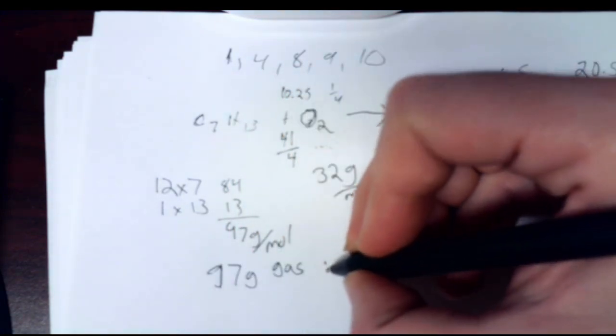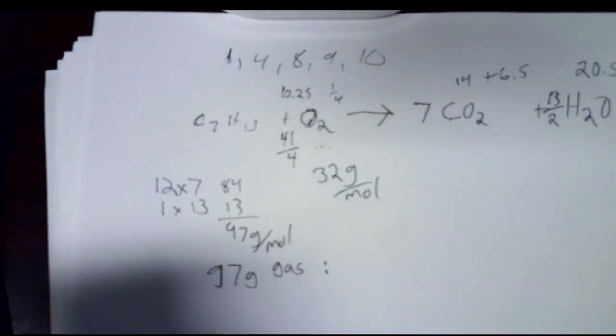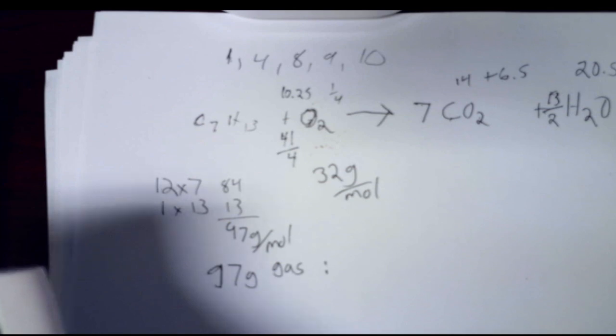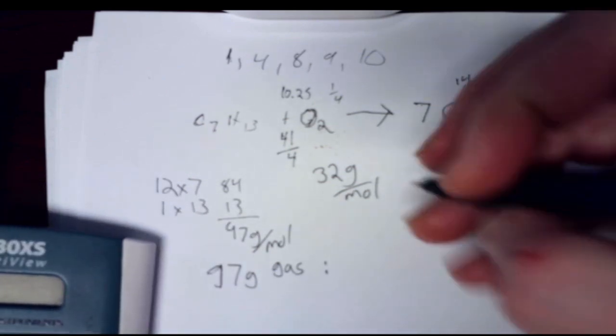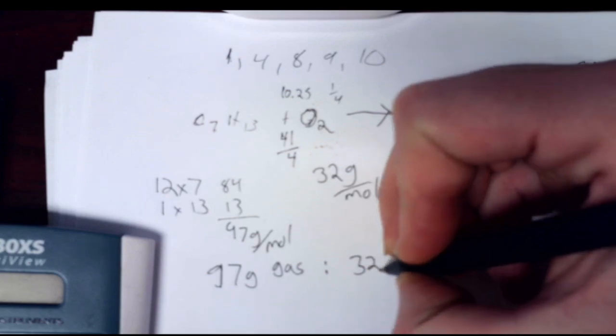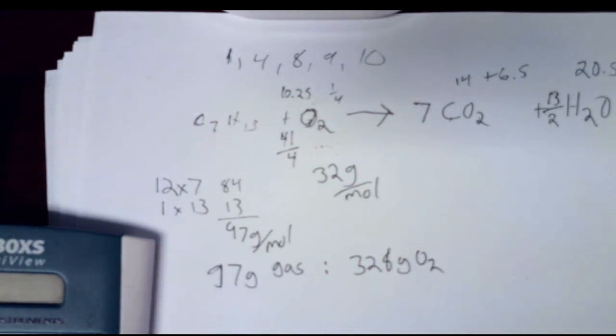So what does that mean? I need 97 grams of gasoline per, so let's do that math, 10.25 times 32, 328 grams of oxygen. By itself, if we just asked for an oxygen ratio, that would be perfect.